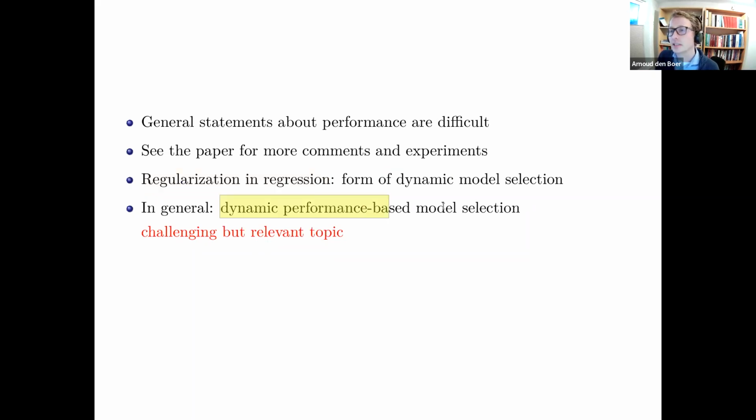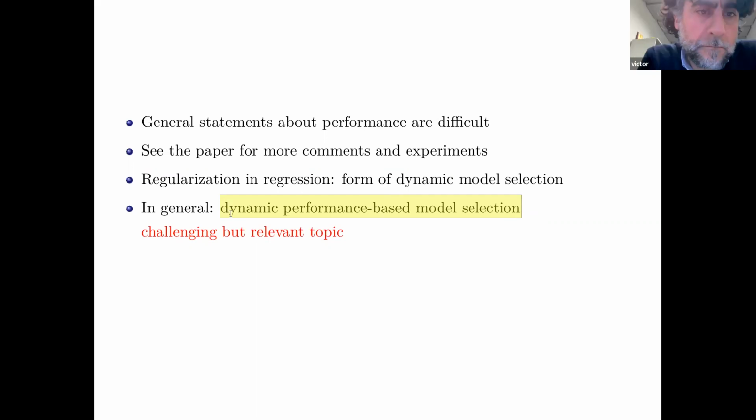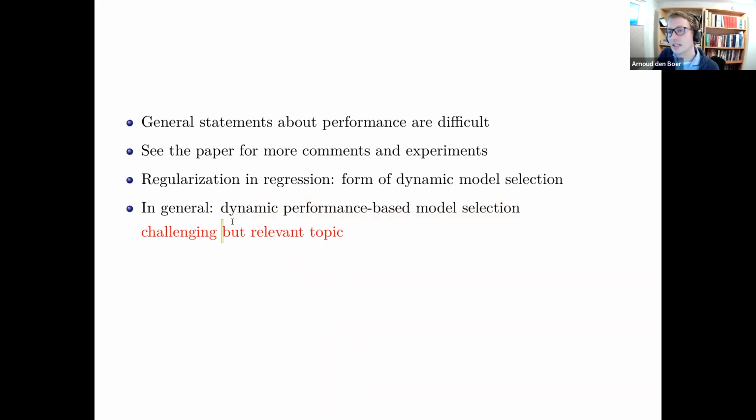And in general, and that relates to the question by Yuri Fonseca, you want to have model selection that is dynamic. Maybe you start with an MNL model, and then at some moment, and the question is at which moment, you switch to something else. I think that's a nice topic, but it's also challenging. And I don't know if something theoretical can be done there.